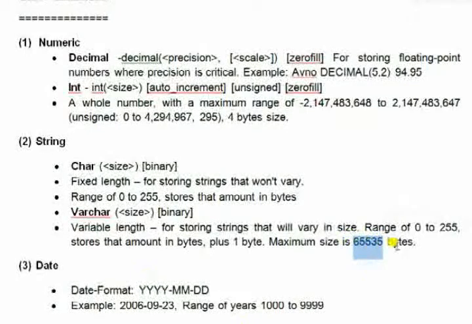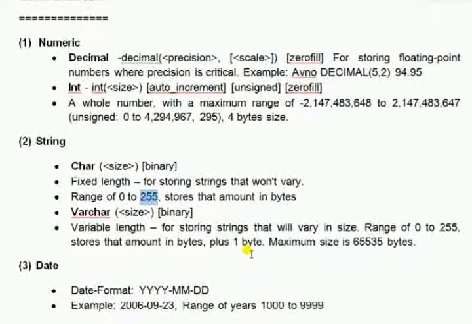What is the maximum size? The maximum size will be 65,535 bytes. In most cases the varchar data type is used because it occupies less space. In char, it is always a maximum of 255 characters. If you use only 10 characters, the rest of the field space will remain blank.